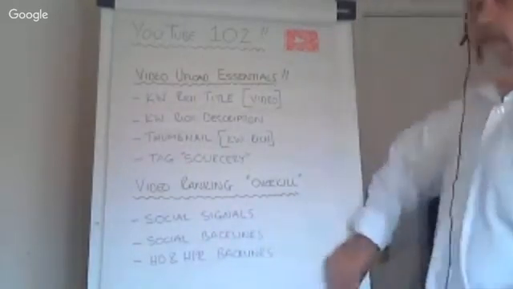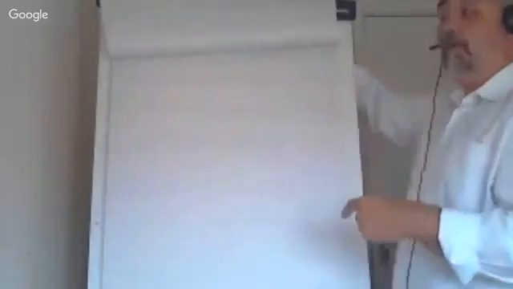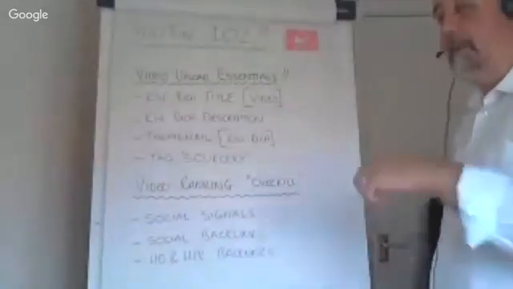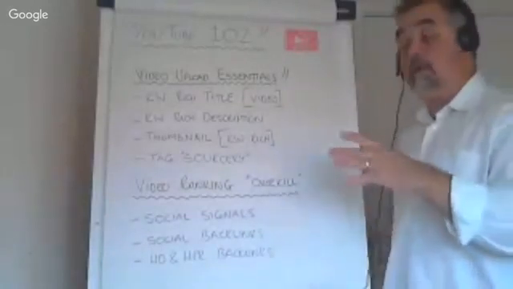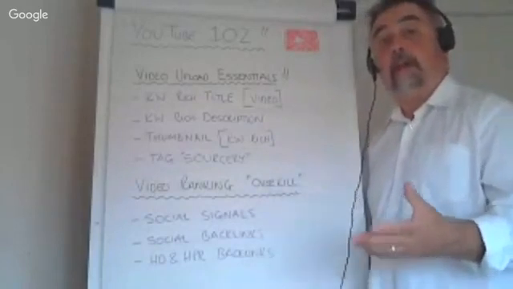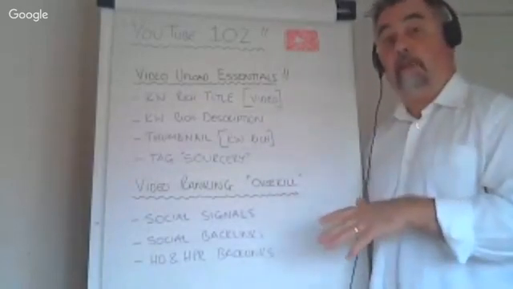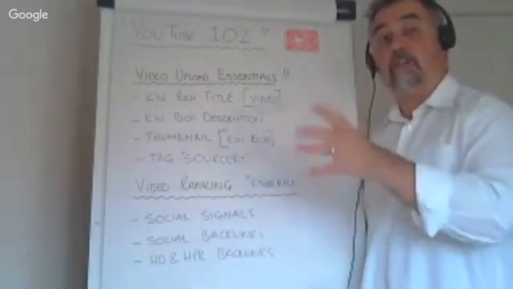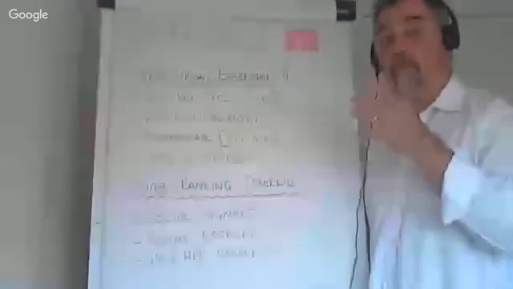And when we do YouTube 103, which is currently a blank piece of paper at the moment because it depends on what we cover in the next 45 minutes or so, we're going to talk about how to create videos either with you on the screen, how to create videos with you off the screen, and obviously how to create just general videos without you talking or anything like that.